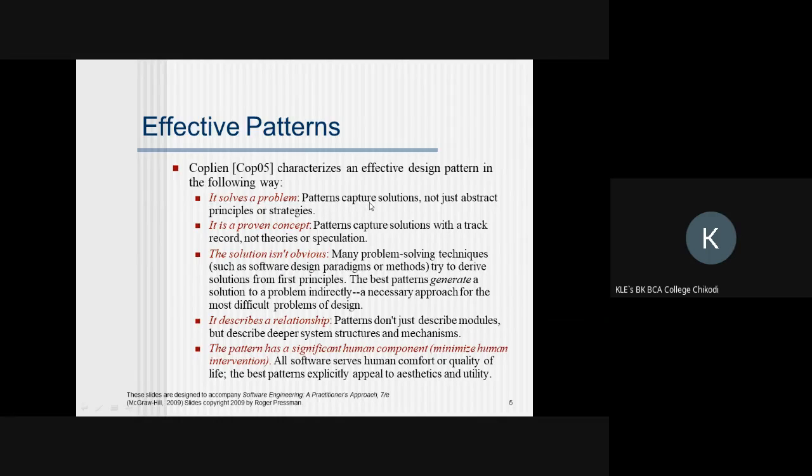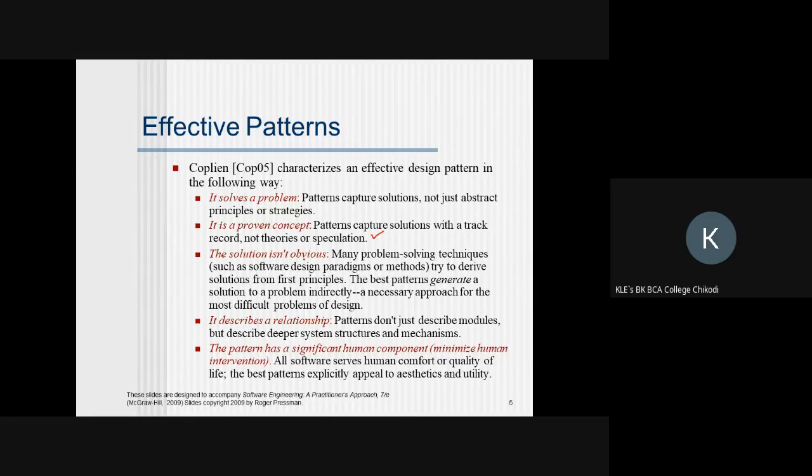Patterns capture solutions, not just abstract principles or strategies. That has to solve the problem completely. Patterns capture solutions with a track record, not theories or speculations. It means that theoretically or blindly we should not apply that.